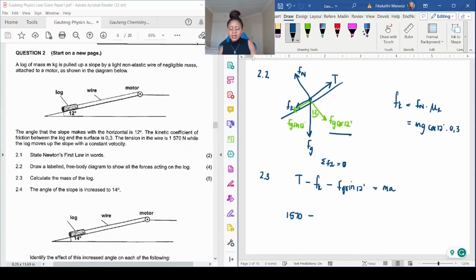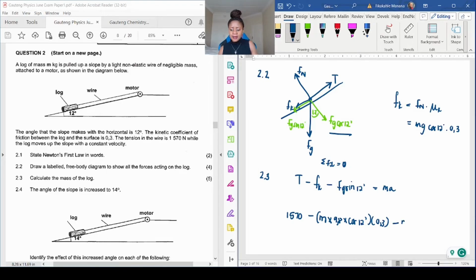Okay, so let's put everything together. What are we looking for? The mass. It's always good to go back and check what we are looking for exactly before you go too far in. And then we have cos 12 degrees, and all of this is multiplied by 0.3, and then minus Fg sine 12.